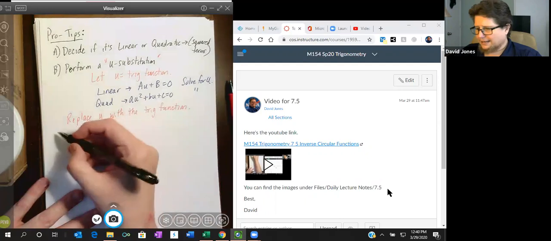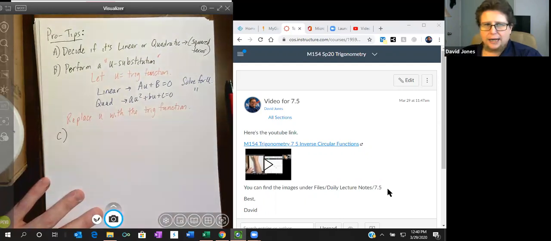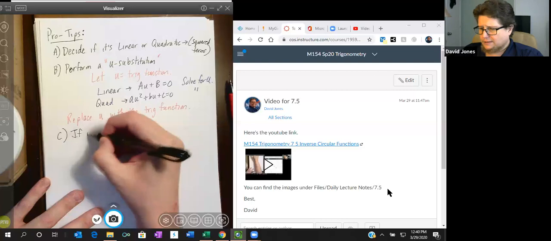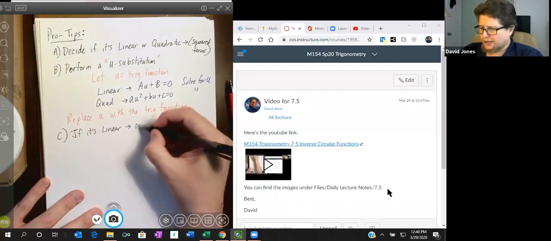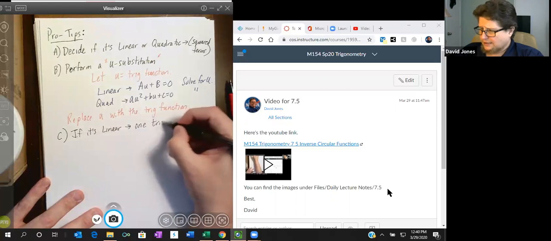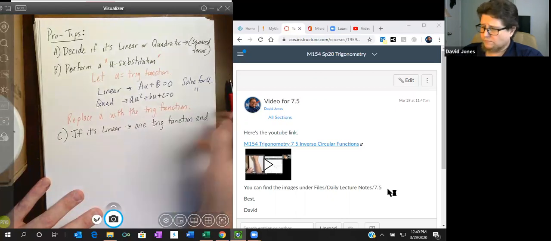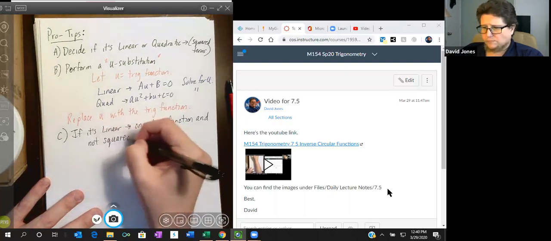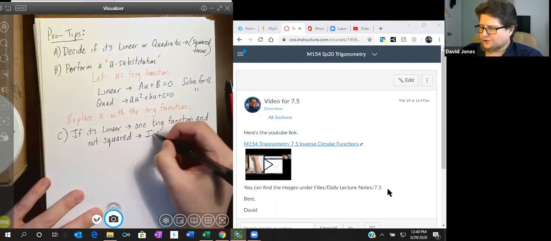So in light of that, you can skip the substitution, it's optional. If you're okay working with the trig function, that's cool. So if it's linear, which means just one trig function and not squared, isolate the trig function.